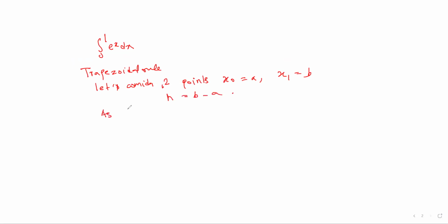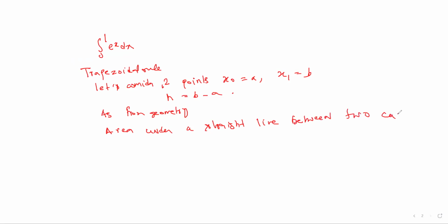From geometry, we can say that the area under a straight line between 2 points can be estimated as a trapezium.